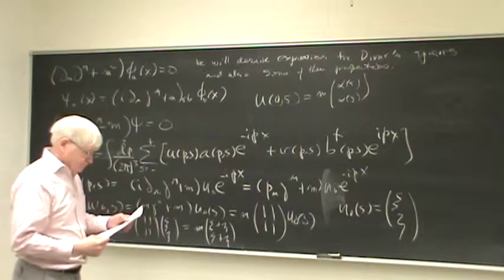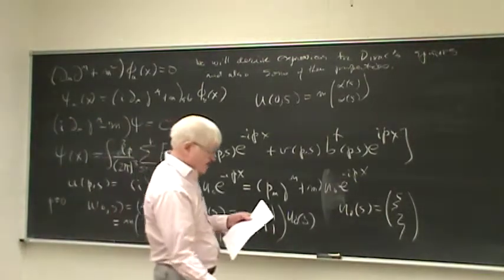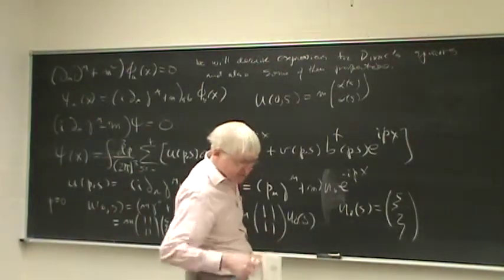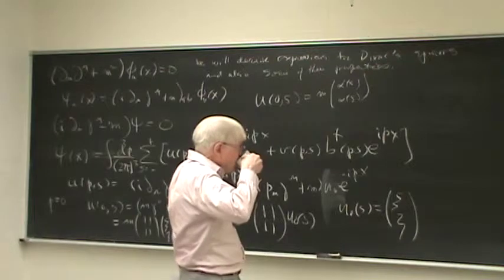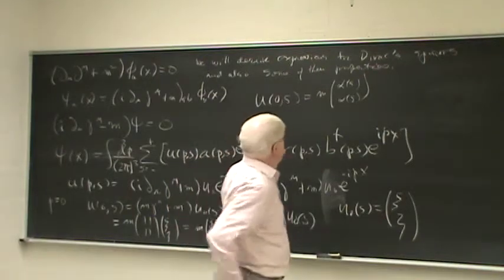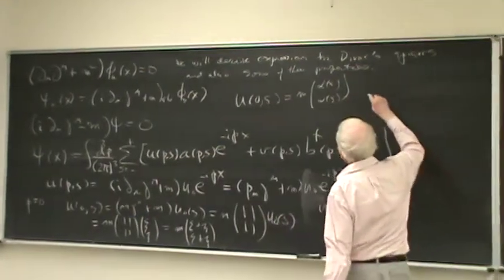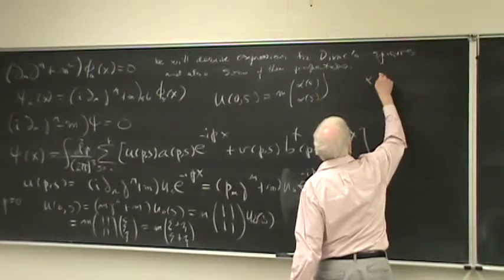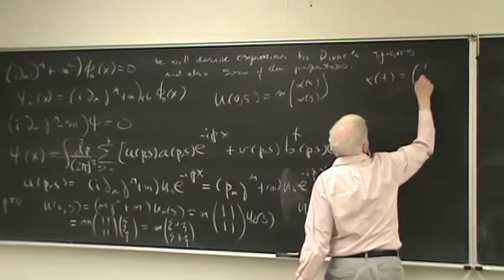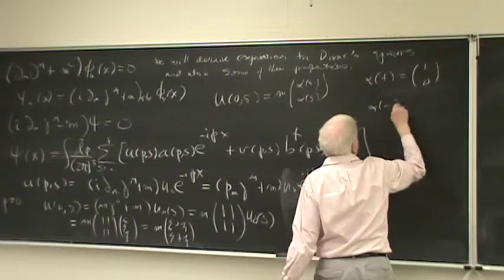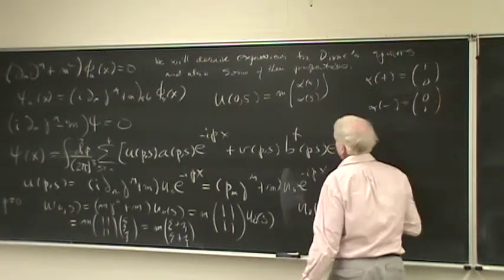And the point is the upper 2-spinor has to be the same as the lower 2-spinor. And so the natural thing is to say α(plus) is (1,0), and α(minus) is (0,1).